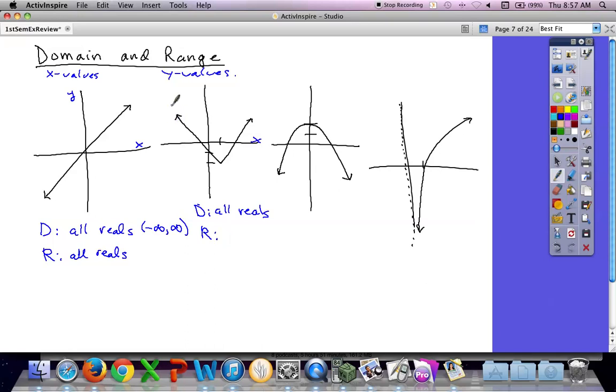They're going definitely infinitely up, but how far down does it go? It only goes down to -2. So how could we say that as a range of values? Y greater than or equal to -2. That would be one way to say it.